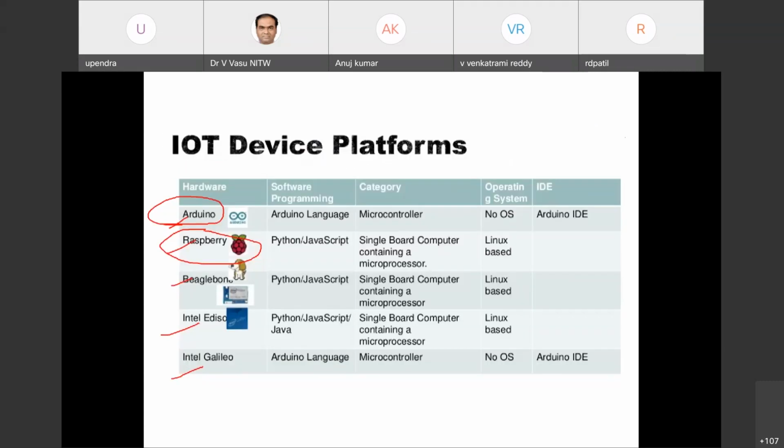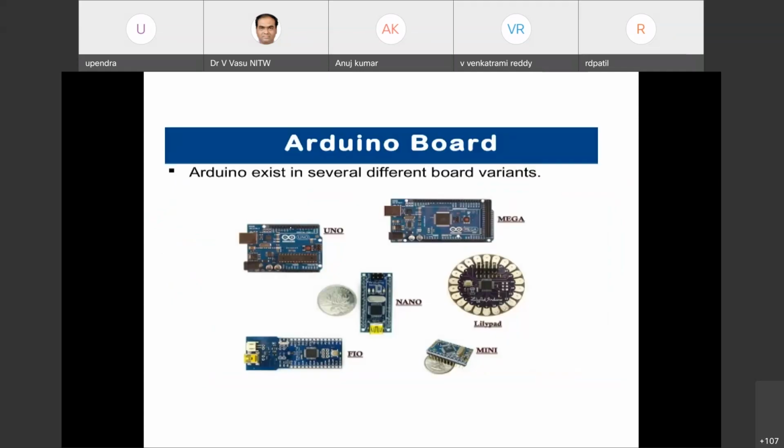Okay, so these are all important. In the afternoon we will be able to write some programs on this particular Arduino board, and see how we can do control programming using it. These Arduino boards are built-in boards which contain everything.